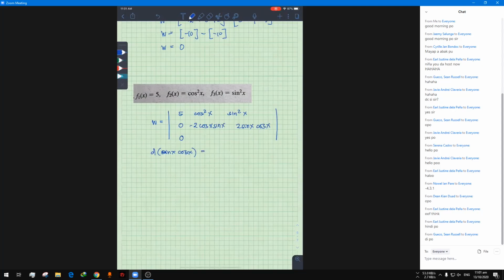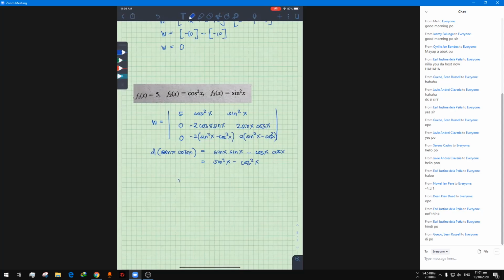So derivative ng cosine would be negative sine x. Tapos plus cosine x, derivative ng sine x would be cosine x. So in short, I'll have sine squared x minus cosine squared x. Or magkakaroon tayo ng negative 2 sine squared x minus cosine squared x. Tapos yung isa, 2 times sine squared x minus cosine squared x.